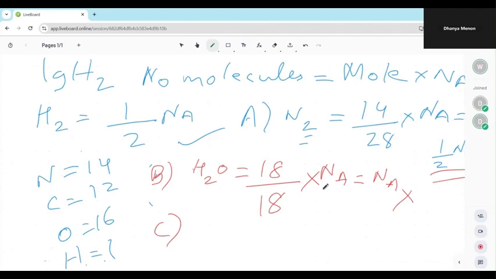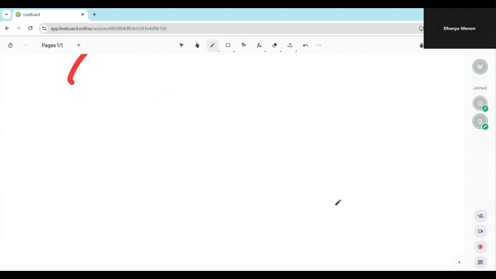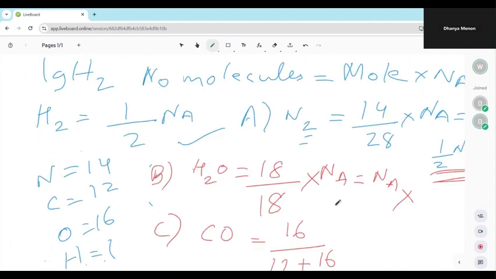C. We got one option as A, so we are checking for the rest of it. C is carbon monoxide, CO, and the mass mentioned in the question is 16 over carbon 12, oxygen 16.